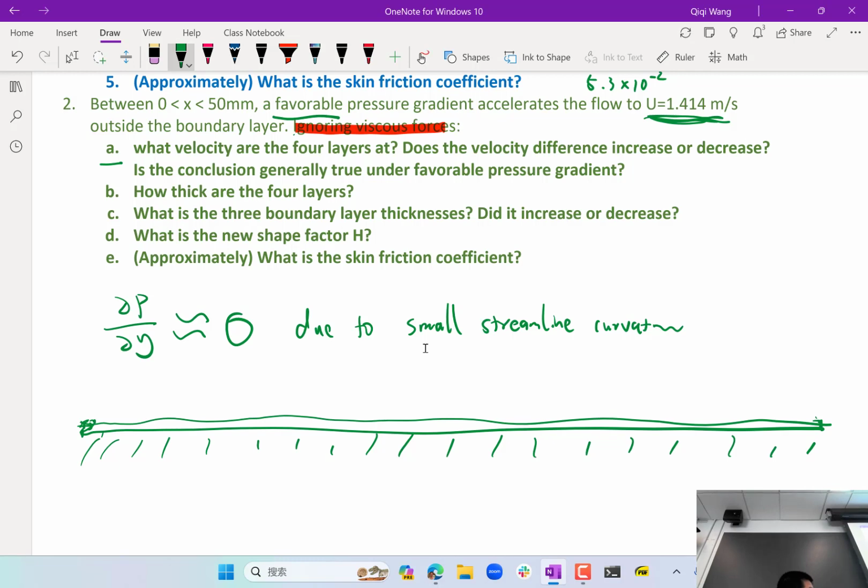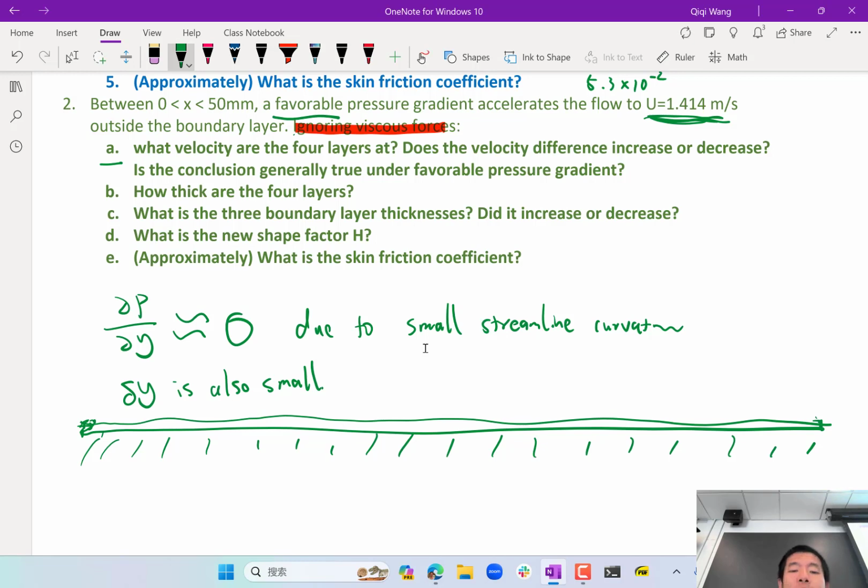Okay, so not only is the pressure gradient small, right, but also the delta y is small. By delta y, I mean the difference in the y coordinate of the different layers, the 4 different layers we're considering, right? Delta y is also on the order of 1 millimeter, while delta x is on the order of 50 millimeters.